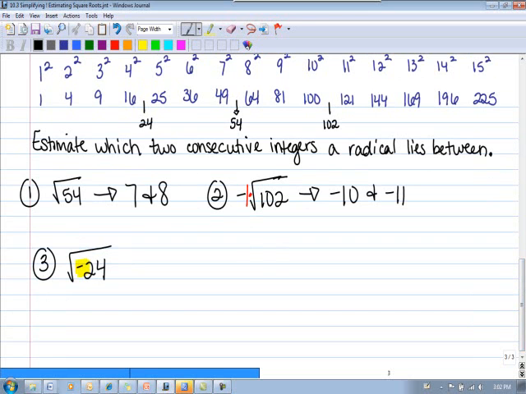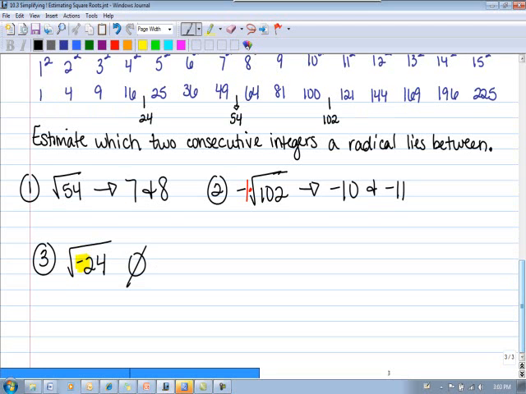This is actually an imaginary number, so we're not going to go ahead and estimate which two consecutive integers the radical lies between, because it's not an integer at all. It can't be between two integers. So this one is not possible. So you can write a little 0 with a slash through it. That lets me know that this number does not fall in between two consecutive integers.